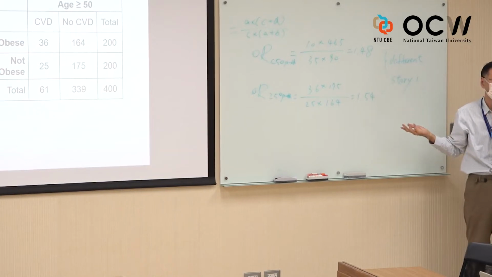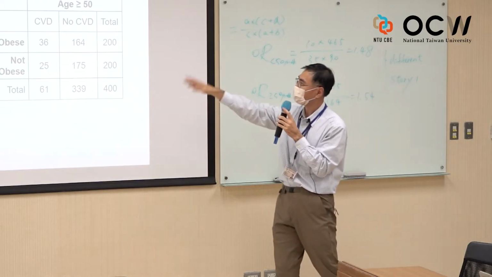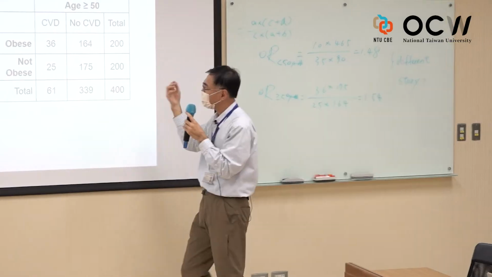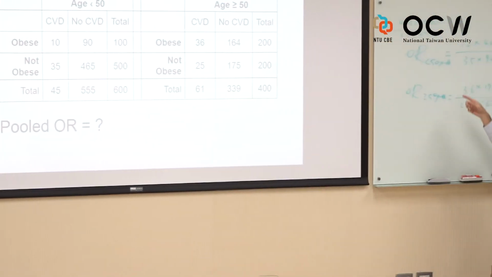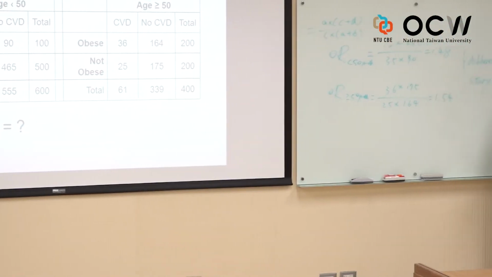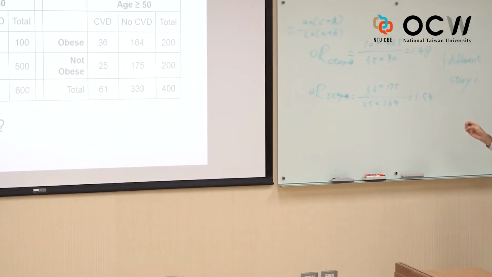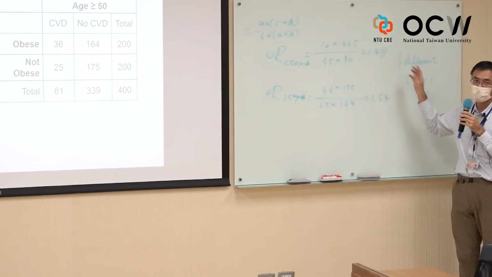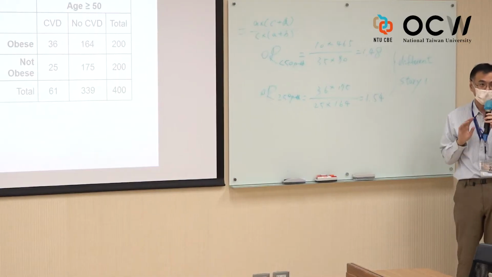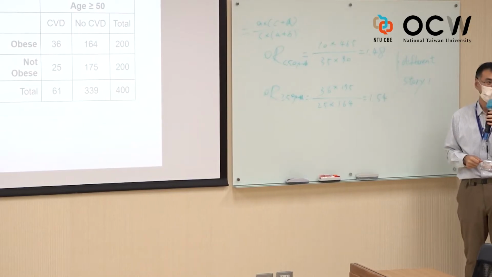It's about 50% higher, right? So no matter for people younger than 50 or older than 50, the effect of obesity is about the same, about 50% higher. In other words, the effect of obesity is not modified by age, right? So it's about the same. But that's not the story here. We're not trying to examine or test or detect interaction.